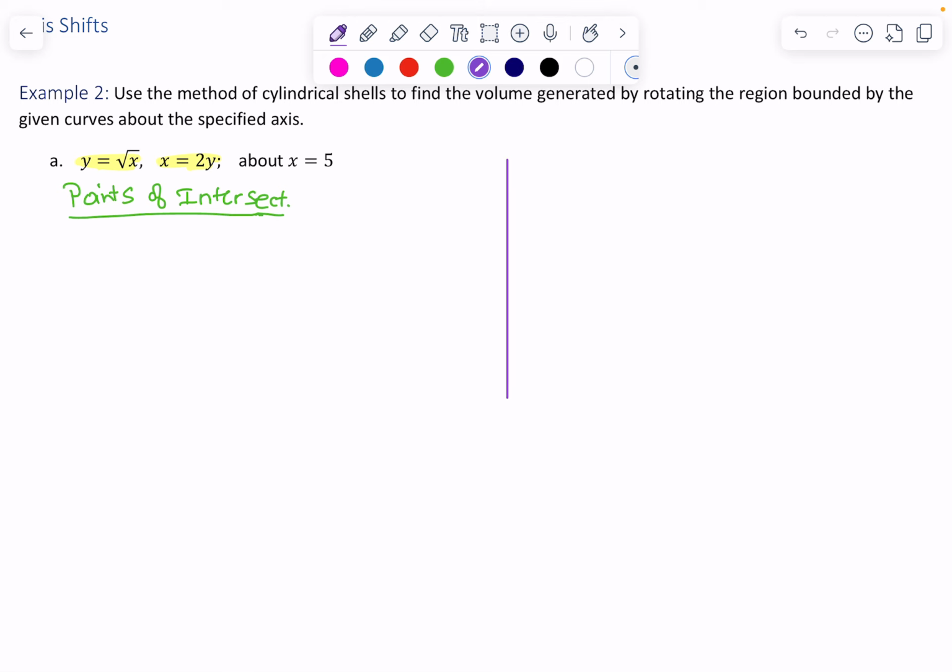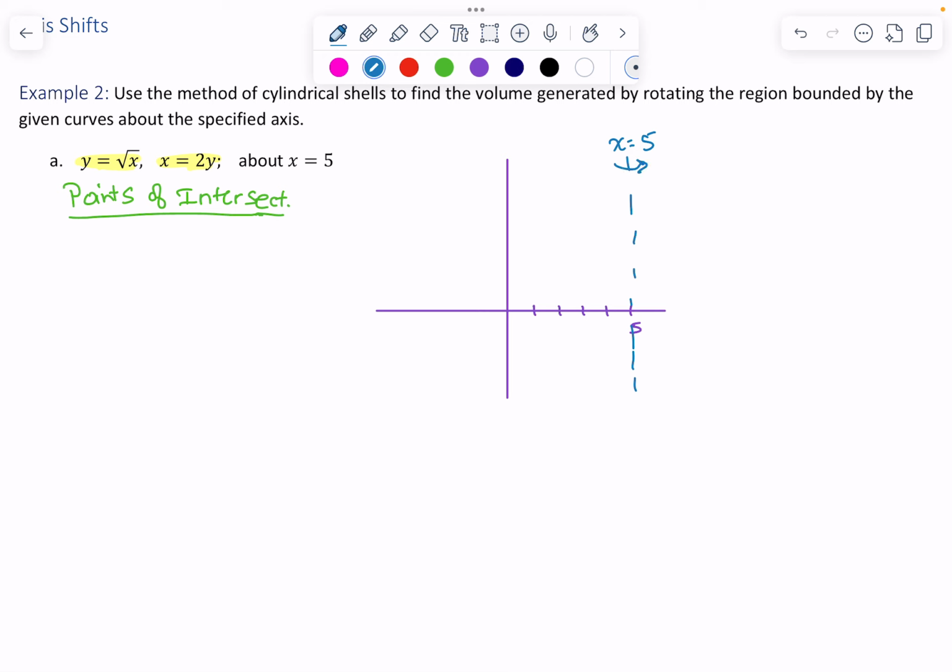Okay, I'm going to have my axes, right? I'm going to be going around x equals 5: 1, 2, 3, 4, and 5. So I'm going to be going around this line, x equal to 5.